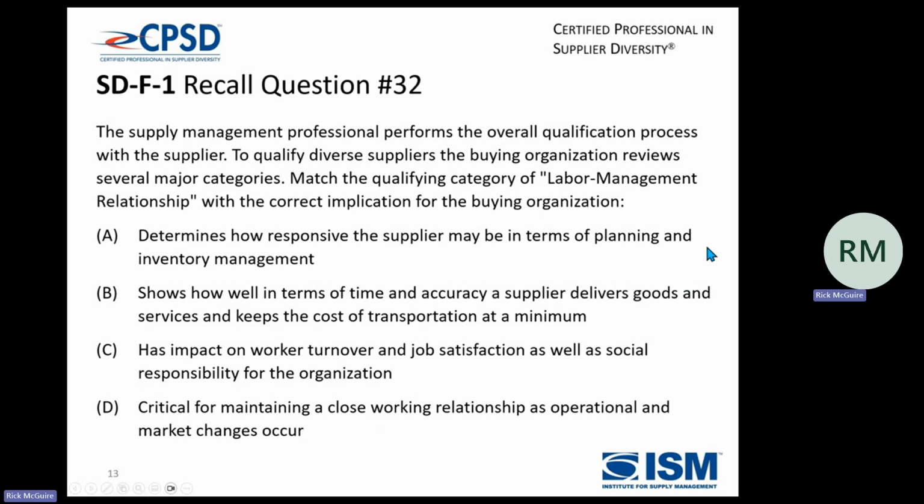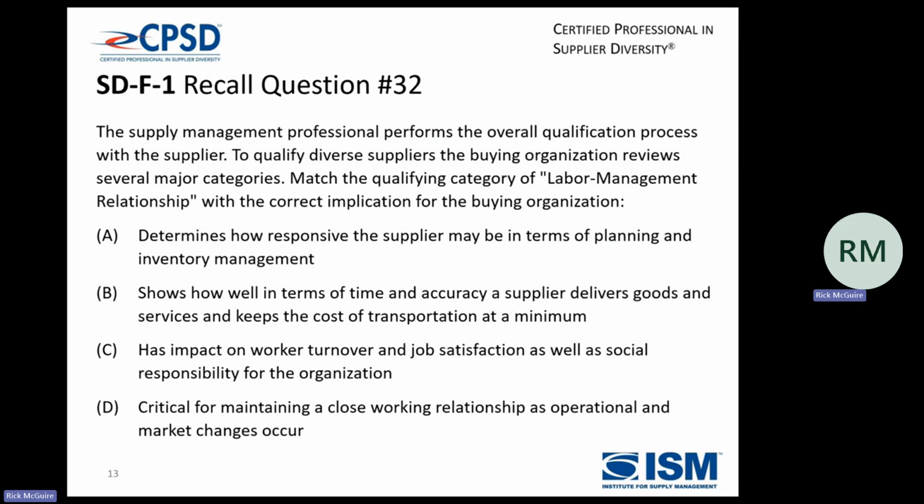All right, the supply management professional performs the overall qualification process with the supplier. To qualify diverse suppliers, the buying organization reviews several major categories. Match the qualifying category of labor management relationship with the correct implication for the buying organization. Labor management relationship. Determines how responsive the supplier may be in terms of planning and inventory management. I don't think so.